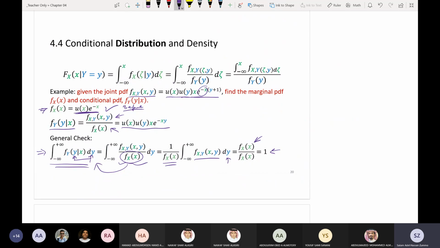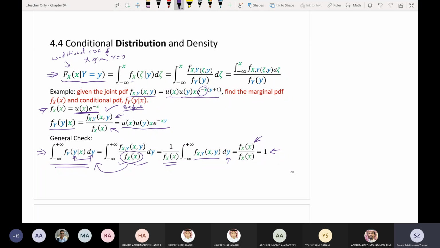Now, we talked about the conditional density. Now let's talk about the distribution, which we haven't mentioned. This is called the conditional, no, not PDF, the CDF, or distribution of x given y equals a specific number y.